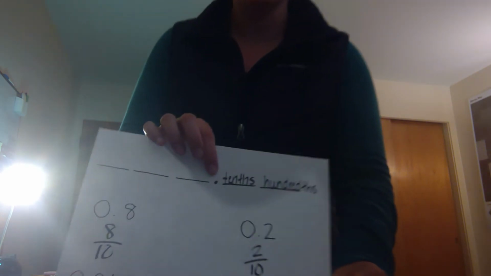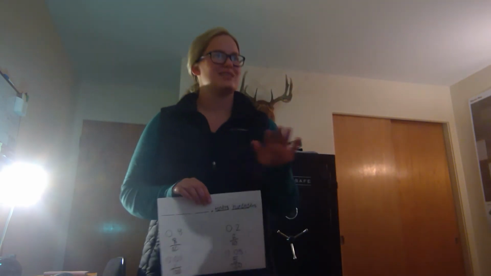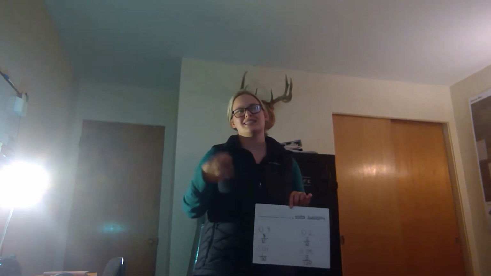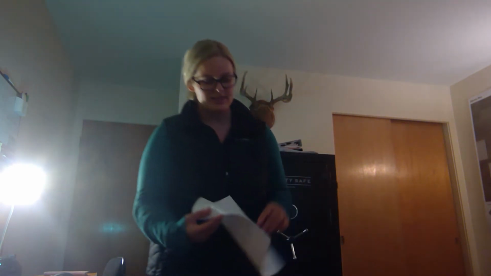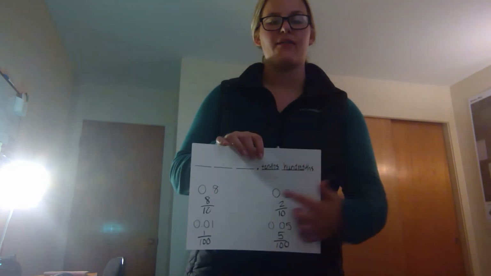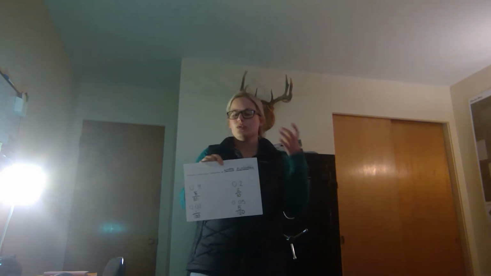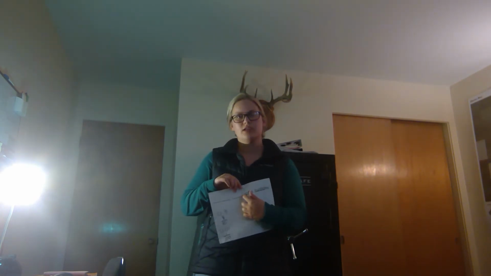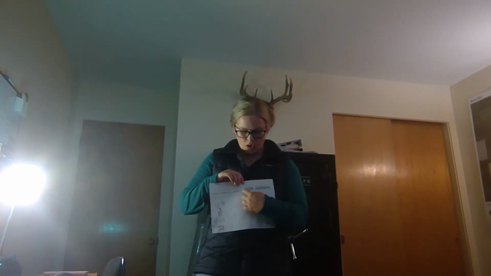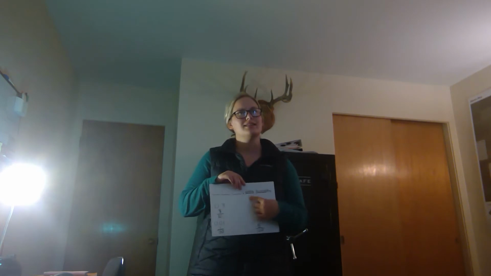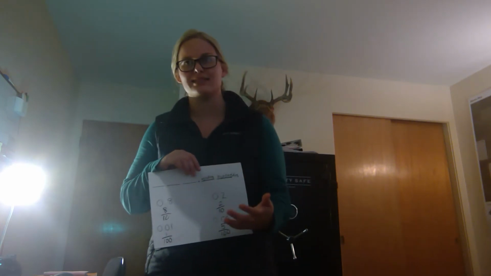Then we add this little decimal point here, and to the right, there's no oneths place, okay? It starts with the tenths place. So we have the tenths place, and we have the hundredths place, okay? So the rule is, if a number is placed one place to the right of the decimal point, it's tenths.